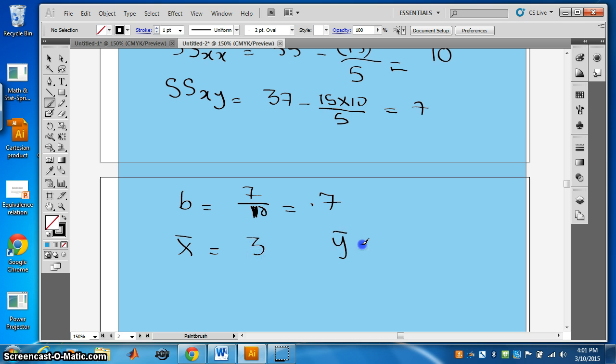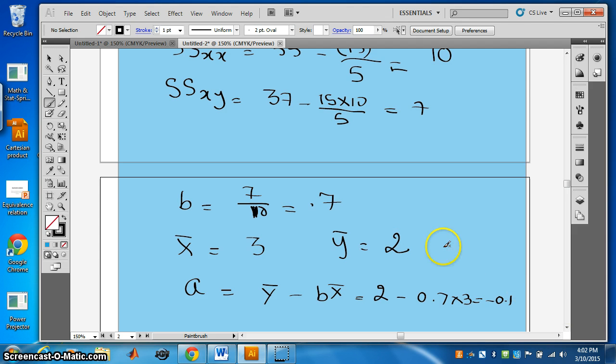Mean of y is sigma y by n, which is equal to 2. So what is a? A is equal to y bar minus b x bar. Remember this minus sign. So this is 2 minus 0.7 multiplied by 3. The answer is negative 0.1.